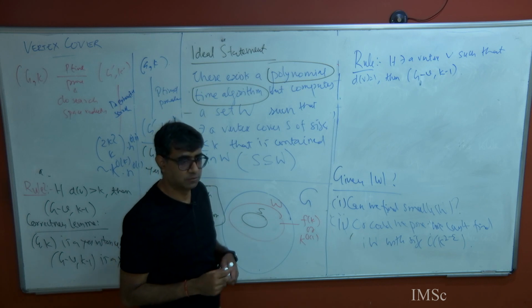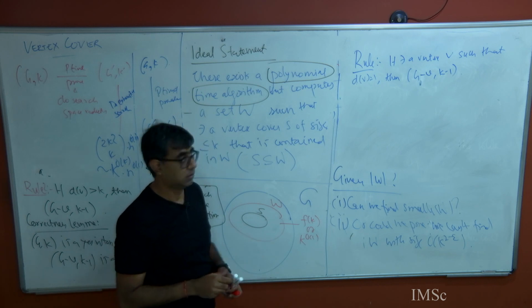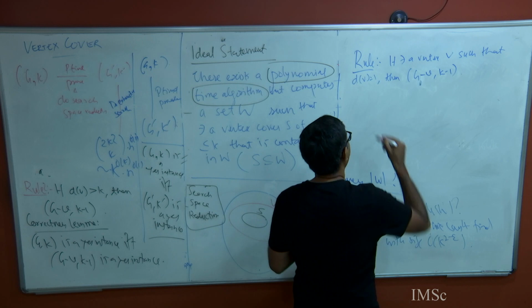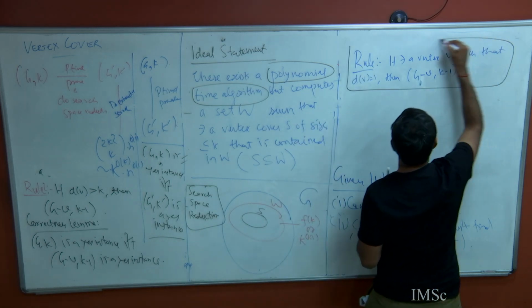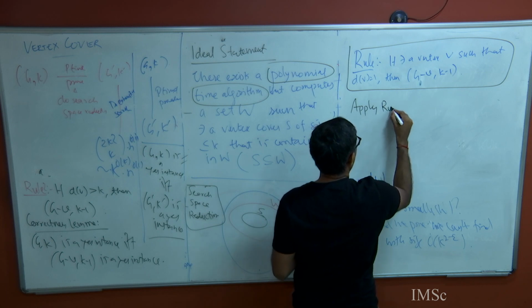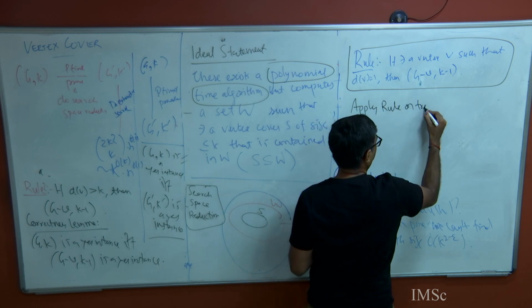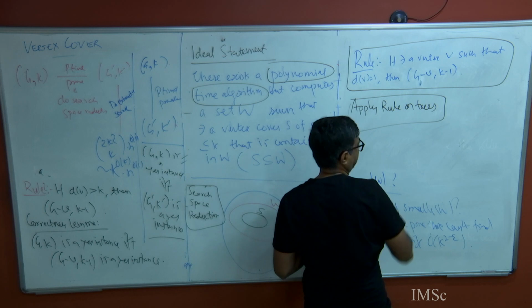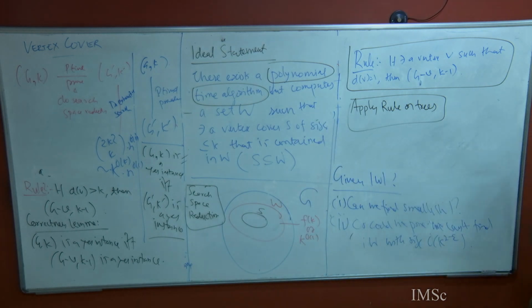What does this rule give you? If I take trees, take this tree, and apply the rule on trees, what will we get? Keep doing this, and you will solve the problem of vertex cover in polytime, because you are always guaranteed to be able to apply this reduction rule.